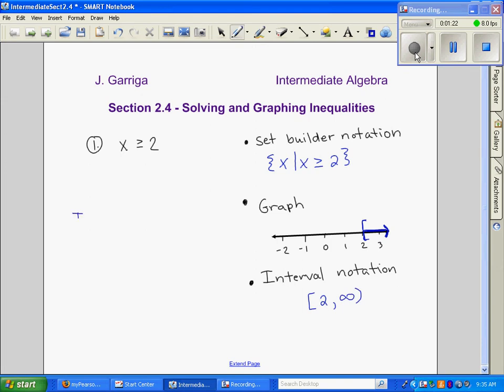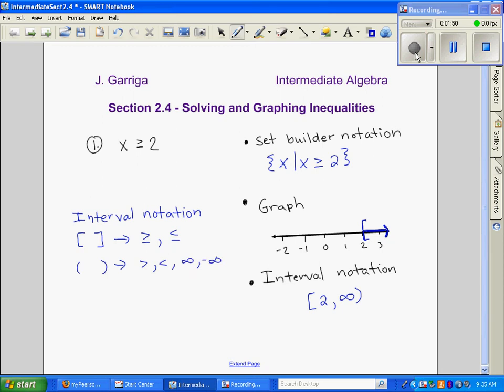Let's look at some of the notes for interval notation. We use brackets when the greater than or equal to symbol or the less than or equal to symbol is used. We use parentheses anytime greater than, less than, infinity, or negative infinity is used.